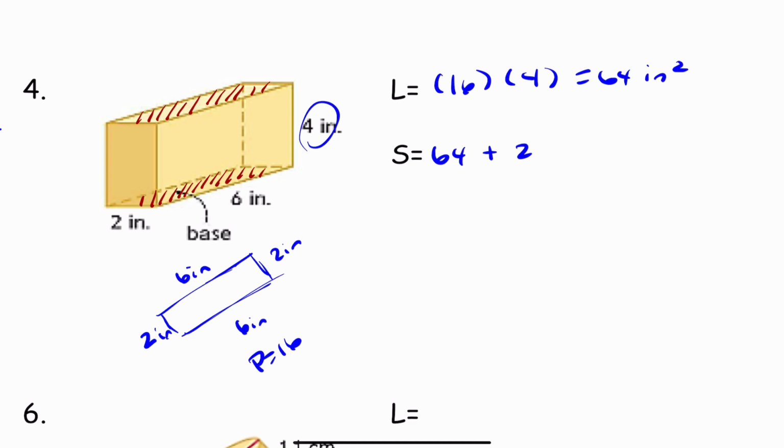So that's going to be 2 times 12, because the area of a rectangle is base times the height, right? So it's 6 times 2. So you're just replacing capital B with 12. So you have 64 plus 24, which will get you 88 square inches.